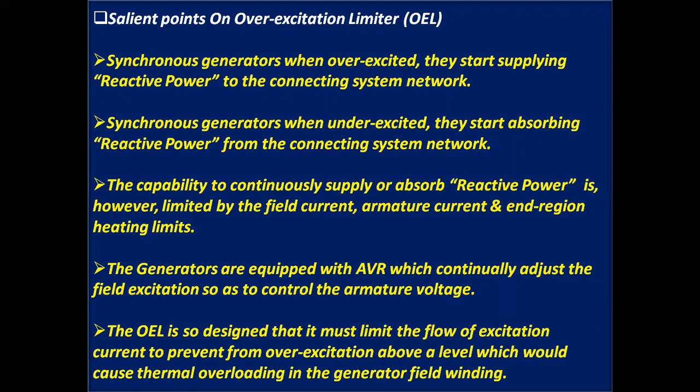So, the overexcitation limiter is so designed that it must limit the flow of excitation current to prevent overexcitation above a level which would cause thermal overloading in the generator field winding.